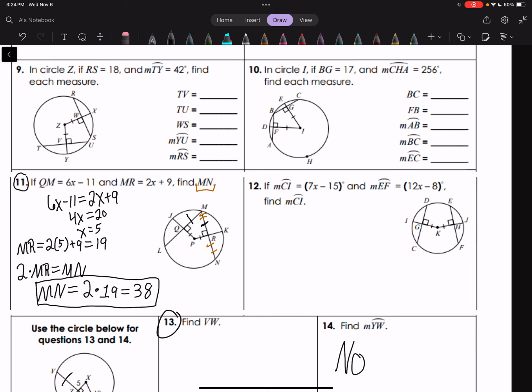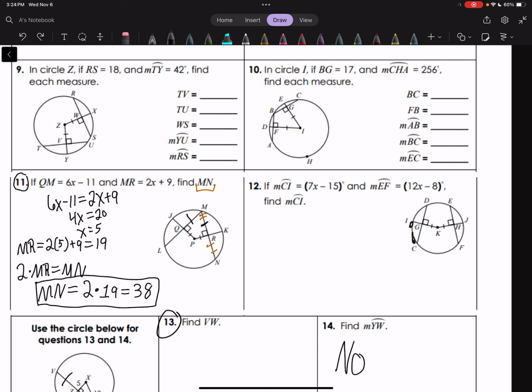I was going to let you try 12, but there's a little trick to it, so I'm going to work it. It has the same setup as number 11, but I have that arc CI. The iPad's being slow.